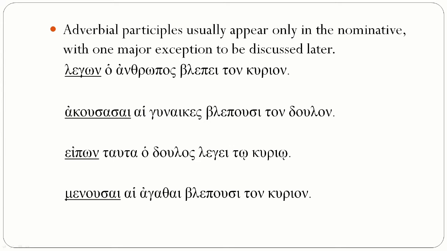Each of these sentences contains an adverbial participle. Let's have a look at the first one. Legon ha anthropos blepe ton kurion. First of all, notice that the main sentence here is ha anthropos blepe ton kurion: the person or the man sees the Lord.